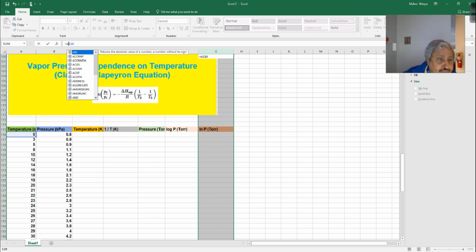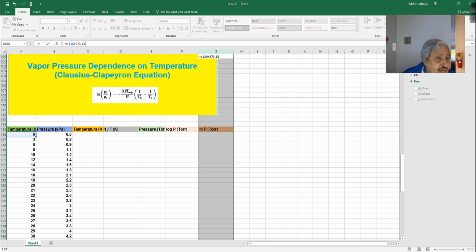This is A116 plus 273.15. In order to transfer the centigrade Celsius into Kelvin, I have to add 273.